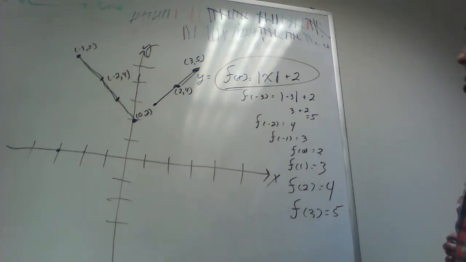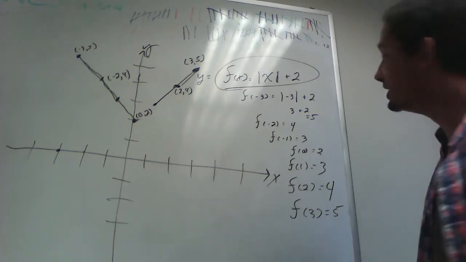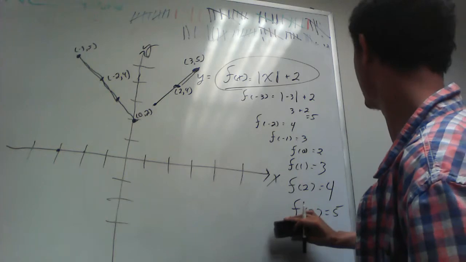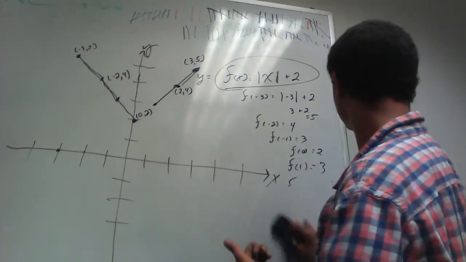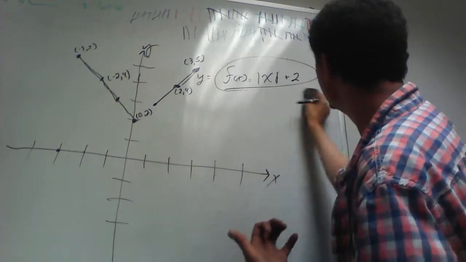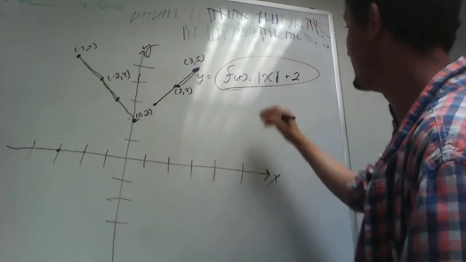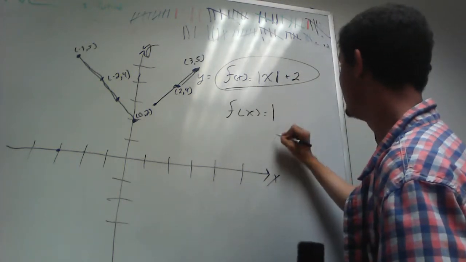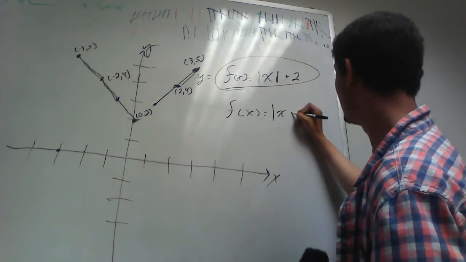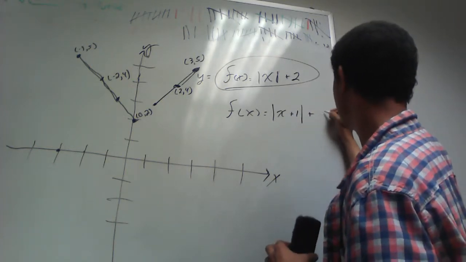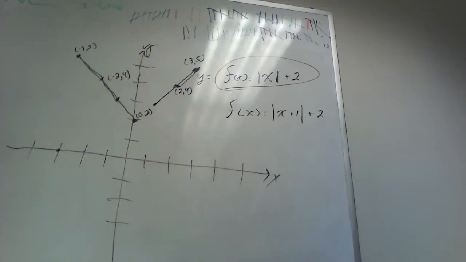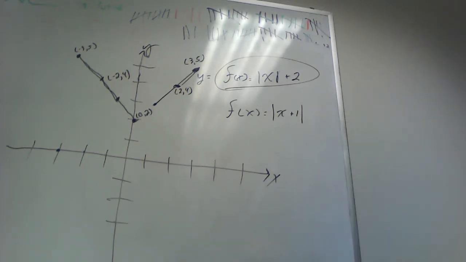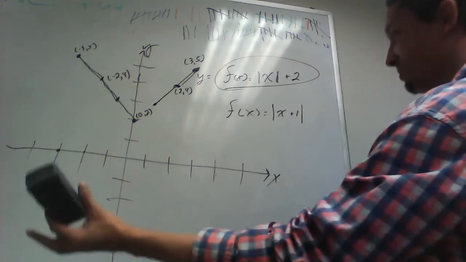Another thing that you might see is a function where they'll give you something inside the absolute value sign. Let's say f of x equals the absolute value of x plus 1, plus 2, say. Let's get rid of the plus 2 for now, because I don't want to make this more difficult to graph than it has to be on a whiteboard.